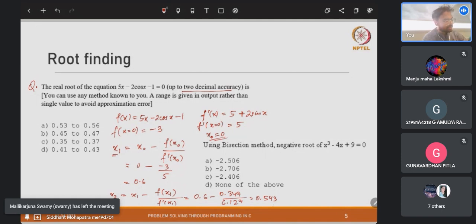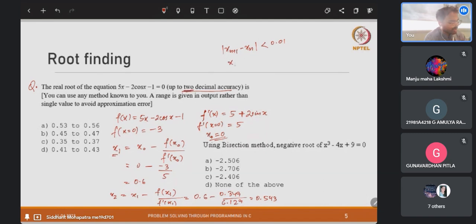So we need to continue this, since it has been asked up to 2 decimal accuracy. That means once the difference between xn plus 1 and xn is less than 0.01, that is where you stop. So say I calculate some x5 and compare it to the previous one. Here, x1 minus x0 was 0.6, right?